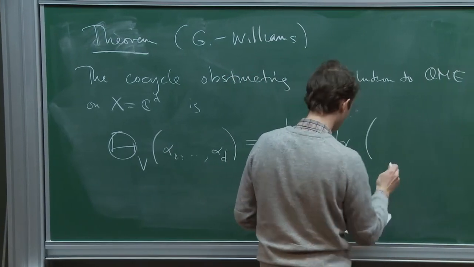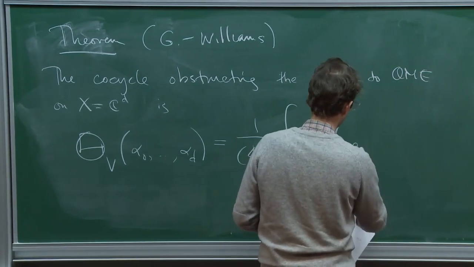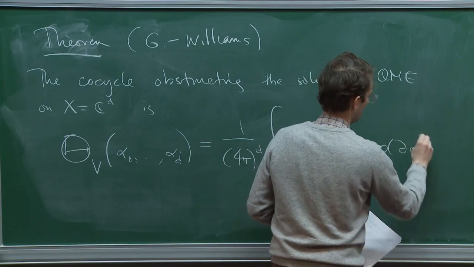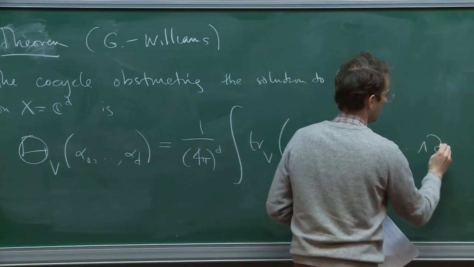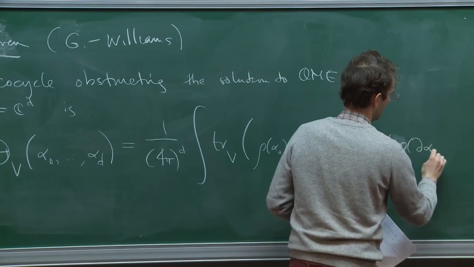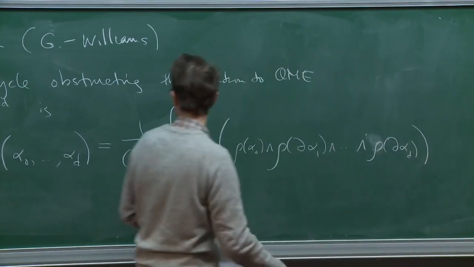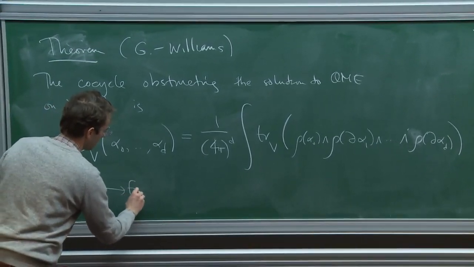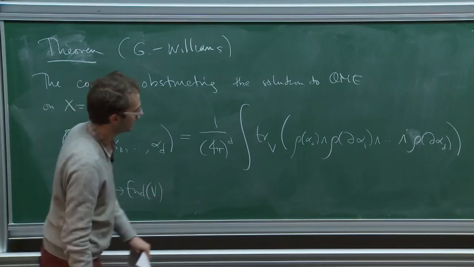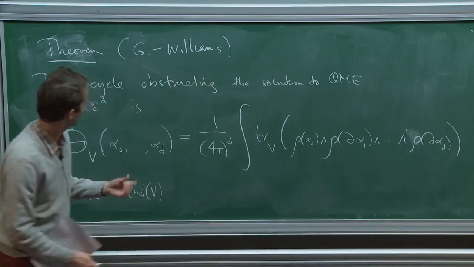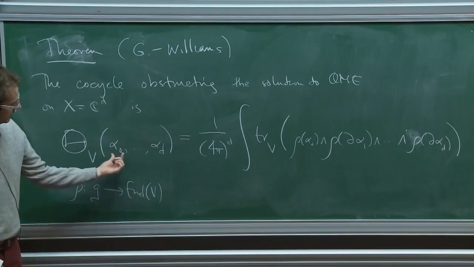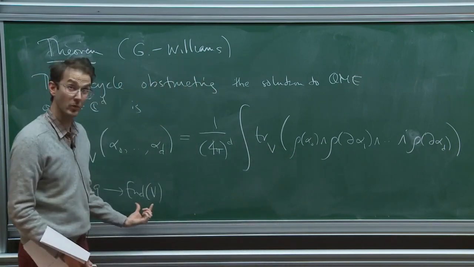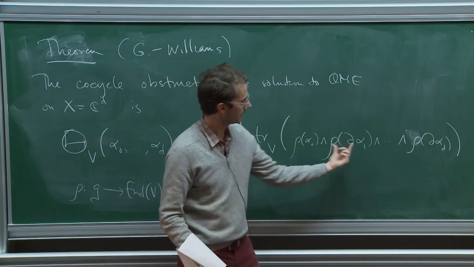The trace over V, so here rho denotes the map from the Lie algebra to endomorphisms of our original vector space V. So I'm taking some form with coefficients in g, and I'm using it to make a form with coefficients in endomorphisms, and then I wedge them together.